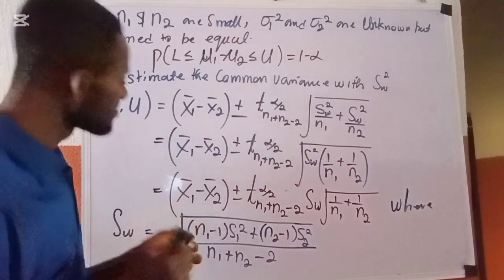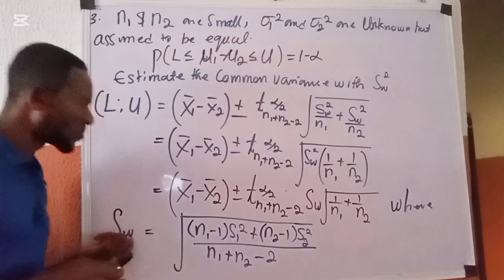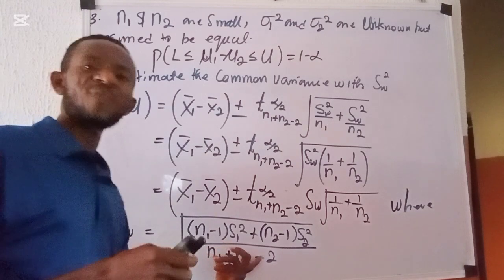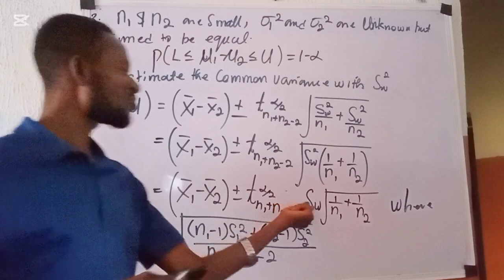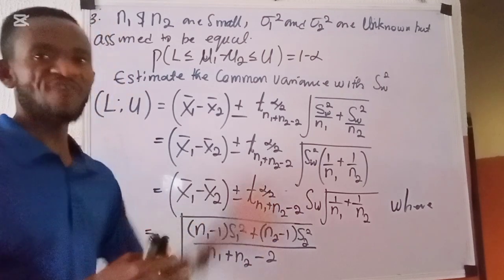So for you to estimate this Sw, you are going to use this formula. This formula estimates Sw before you begin to put values in these places to evaluate this.